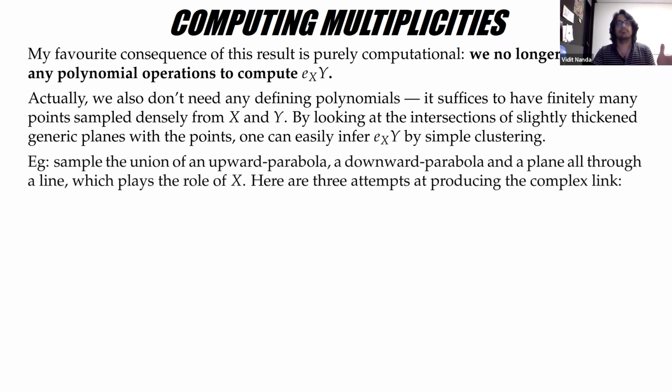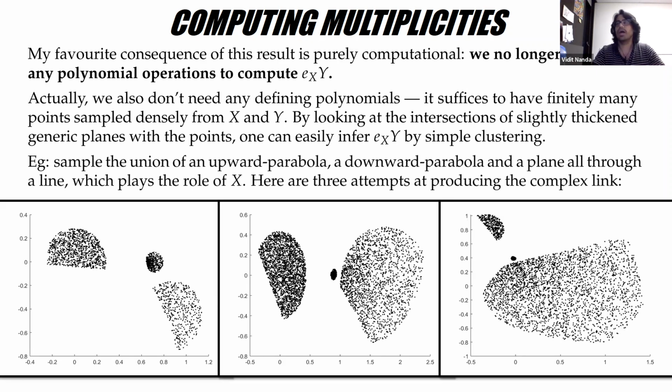So here's an example. We took an upward parabola, a downward parabola, and a plane, all three of which intersect in a line. And then we tried to build a complex link. And this is now easy. At the line, you just take a plane that cuts across the line, and draw a little annulus around the intersection of the plane with the points of Y. And here are 3 different pictures we produced.